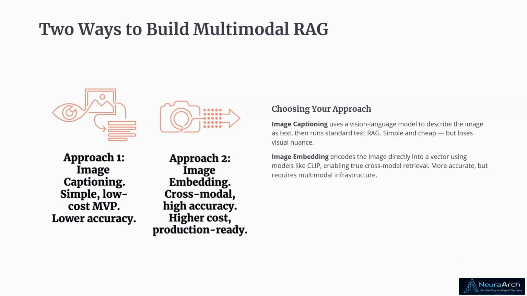Now, the main question arises: which approach needs to be chosen, and when? The image captioning option is pretty simple and straightforward, and can definitely be used for POCs or where accuracy is a bit less important.